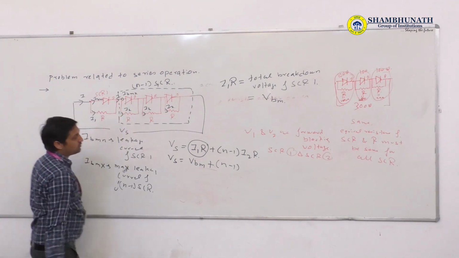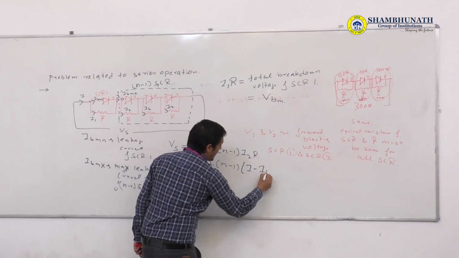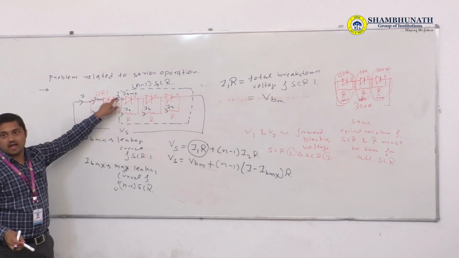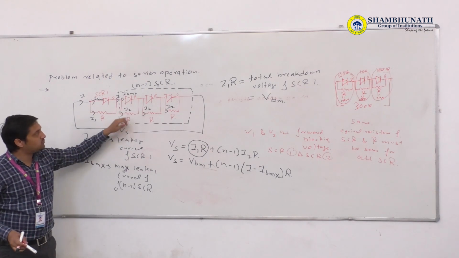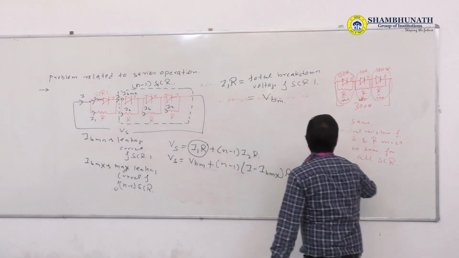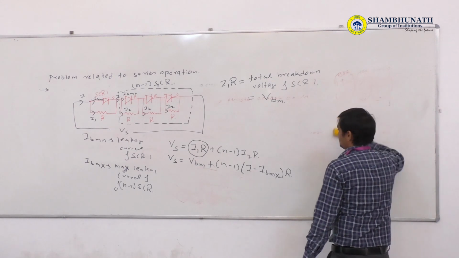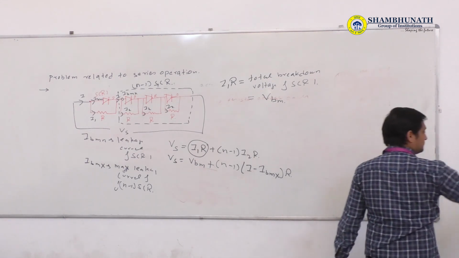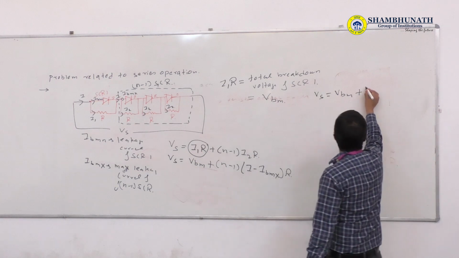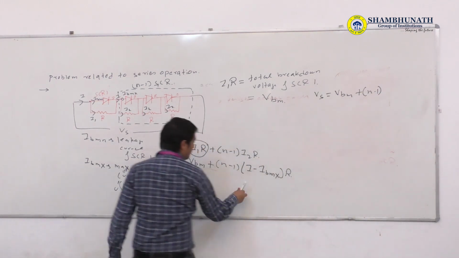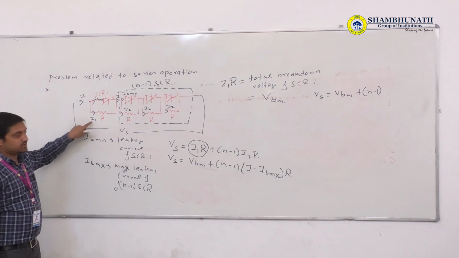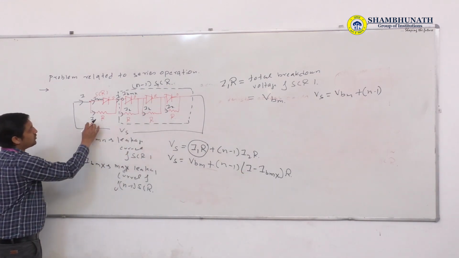Then I2 is equal to I minus IBN. We have to write this current I in terms of I1.